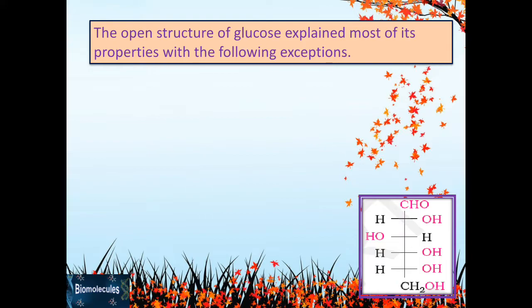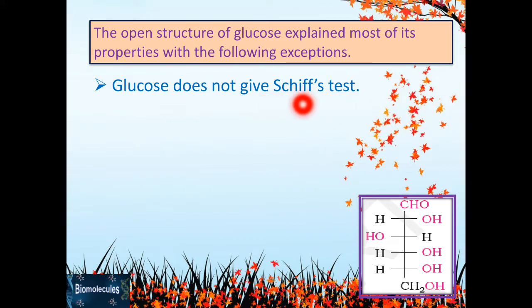This open chain structure, whatever structure you see on the screen, explained most of its properties. But there are some exceptional cases. We'll see what those exceptional cases are. First of all, glucose does not give Schiff's test.